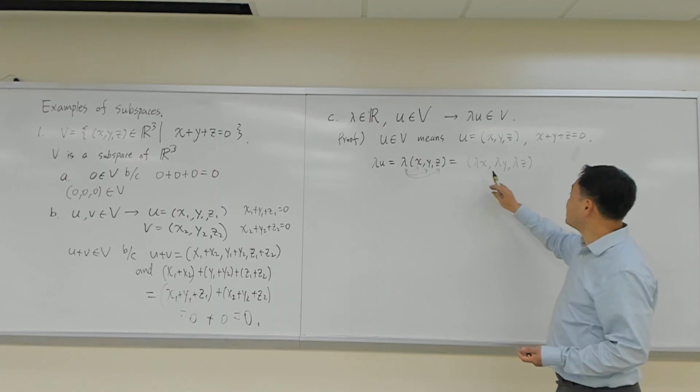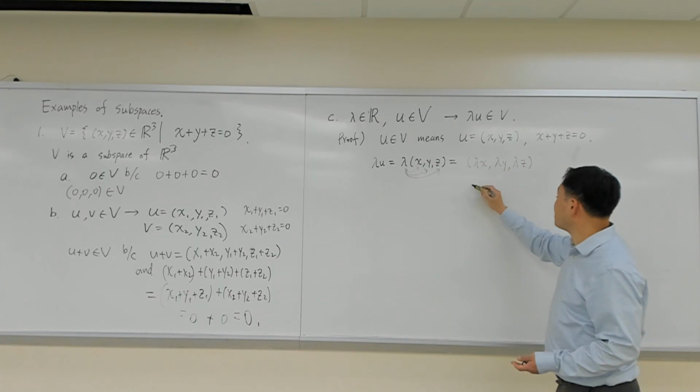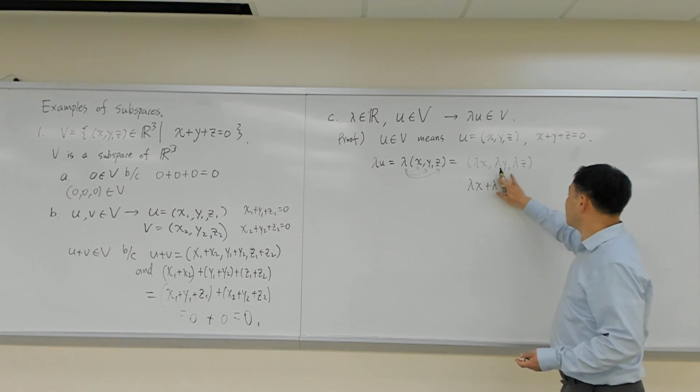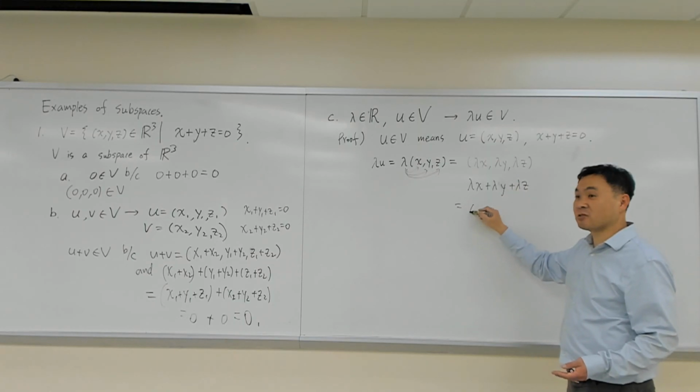Again, it's the same thing. If these three add up to 0, then the proof is done, right? But how do you show that this is 0? Well, factor the lambda out.